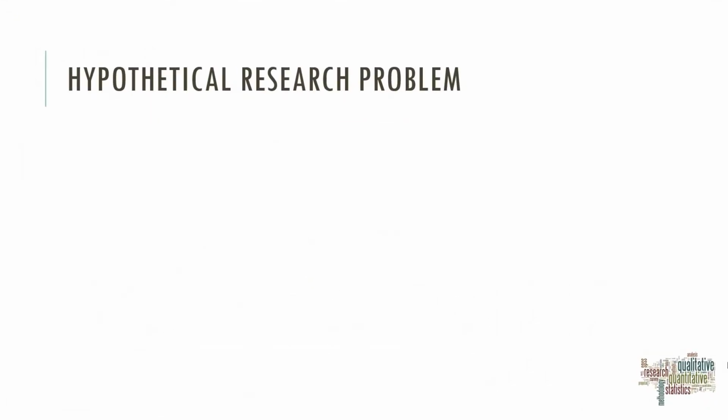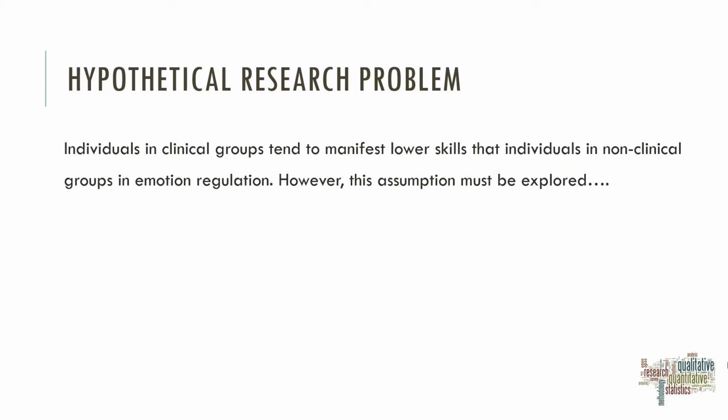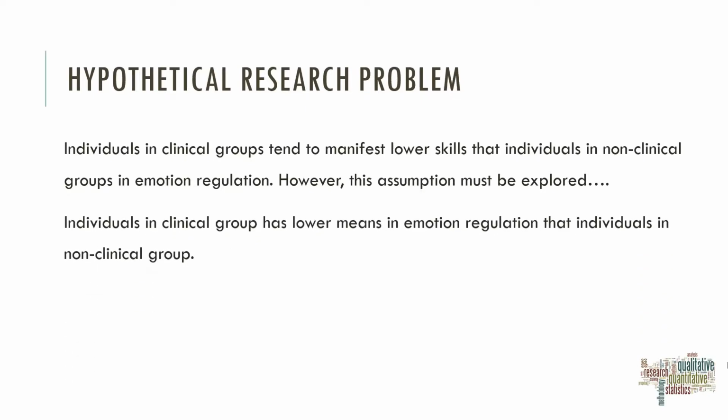Now let's look at our hypothetical research problem, okay? Individuals in clinical groups tend to manifest lower skills in emotion regulation than individuals in non-clinical groups. However, this assumption must be explored. So, we can develop an operational condition such as individuals in the clinical group have lower means in emotion regulation than individuals in the non-clinical group.